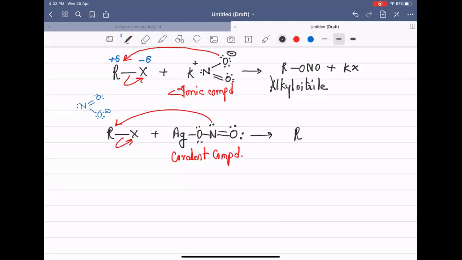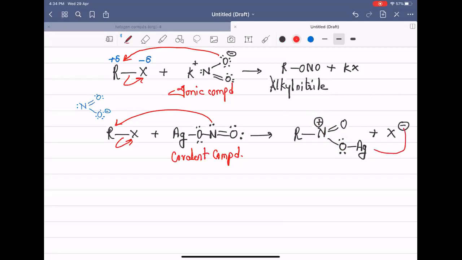And you have your R, and then N double bond O, Ag, this is plus and plus X minus. Once again, in this structure, you have either to remove this or generate one negative charge so that both neutralize each other and stabilize.